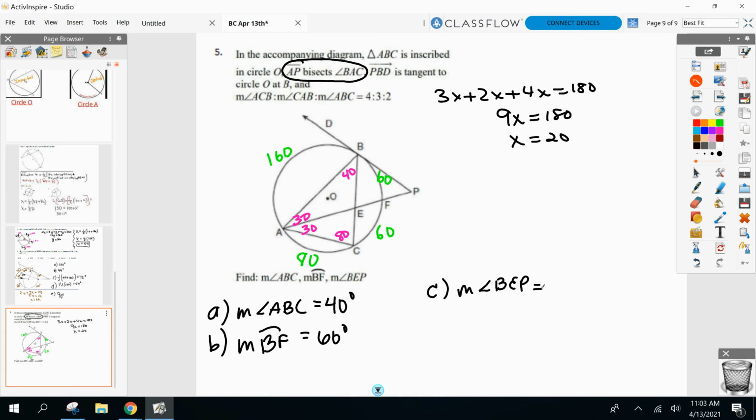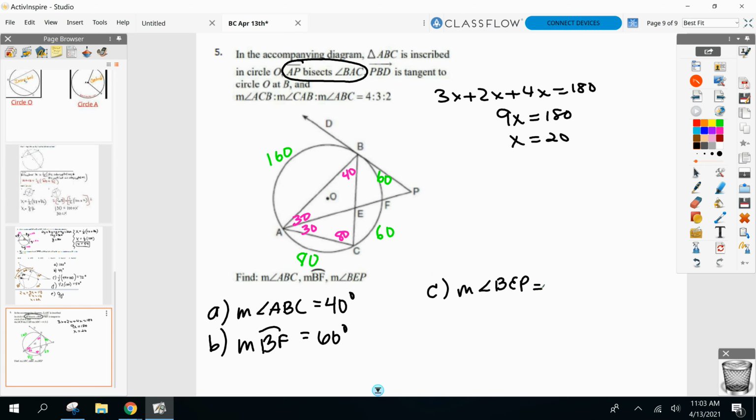The whole arc BFC is 120, but each piece is 60. I think I labeled that as 110 because I thought I read BEA as a central angle.